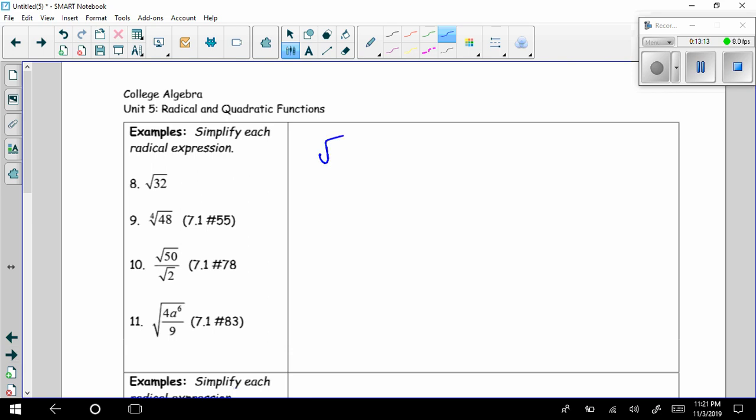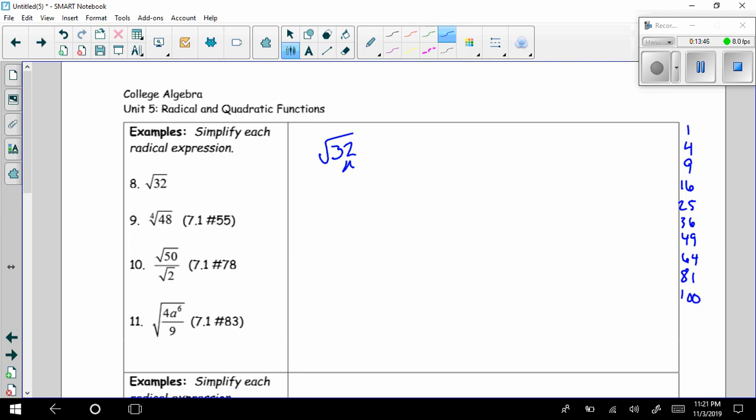All right. If a radical expression is not a perfect square or a perfect cube, then you are going to break it down. So square root of 32, you want to look for your biggest perfect square. So let's think of our perfect squares: 1, 4, 9, 16, 25, 36, 49, 64, 81, and so on and so forth, 100.